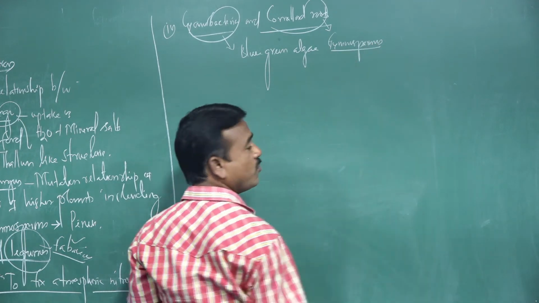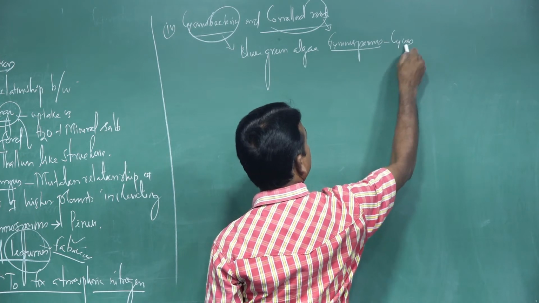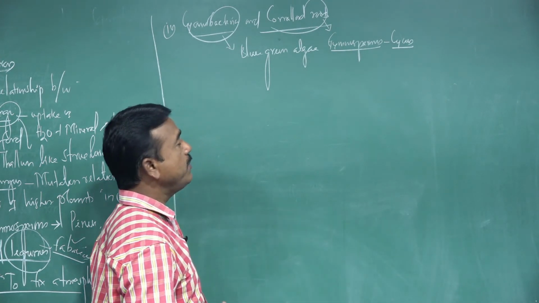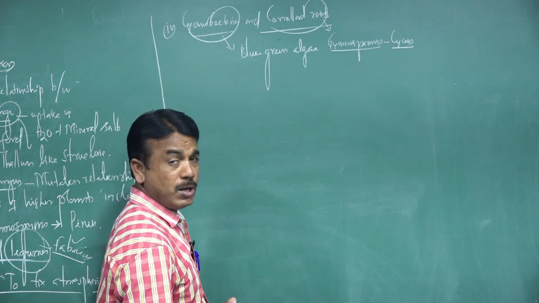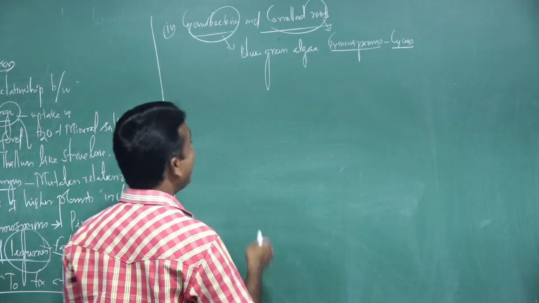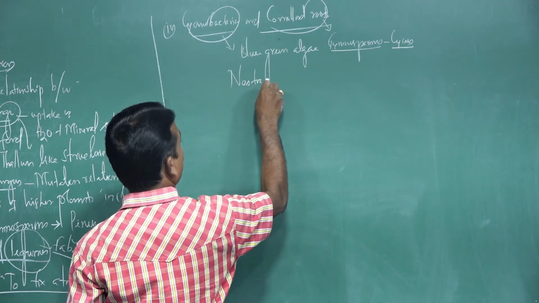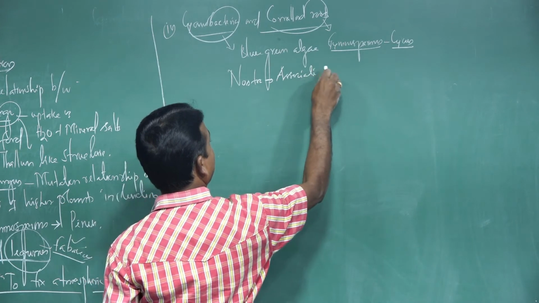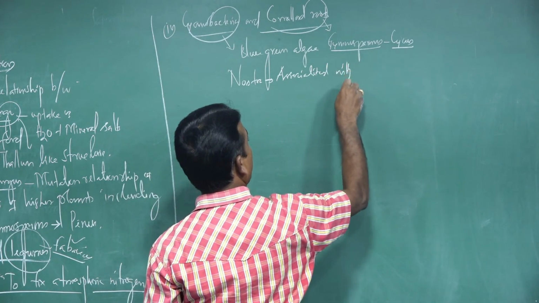In gymnosperms, the plant that has this is Cycas. So that association occurs between Cycas and cyanobacteria. The cyanobacterium that occurs is commonly called Nostoc, associated with the coralloid root.